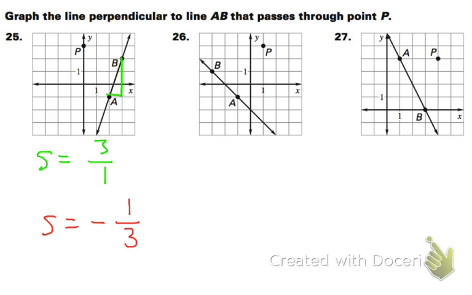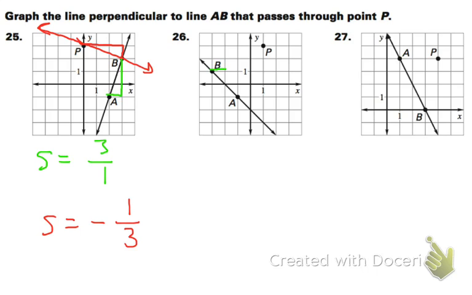So mine's going to have a rise of 1 and a run of 3, so this one's going to go over by 3, and then since it's a negative, it's going to go down by 1, and so there's going to be the line that goes through those points. There's the perpendicular line right there.